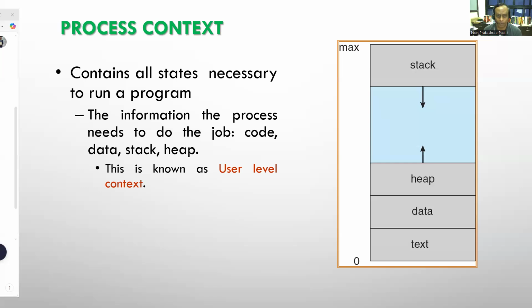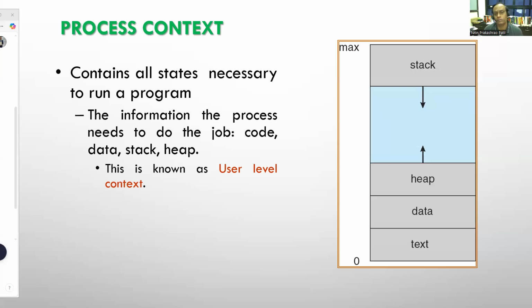Further, apart from the stack and heap, the process context can also contain information about IO status. For example, how many files are opened, what network connections are used, the different devices used by your process, and so on.